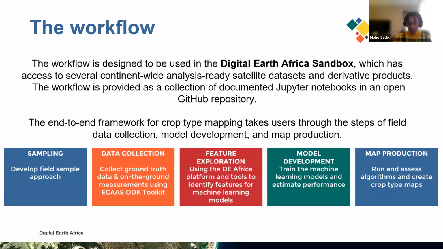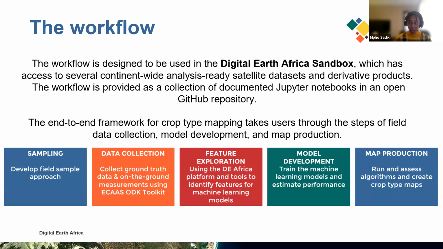The workflow has 5 key steps. The first step is, of course, the sampling of the data. And this is initiated by creating a sampling approach to ensure that we collect representative ground truth data. And this is very critical for training accurate models. And the second step is to actually go out and collect that data.